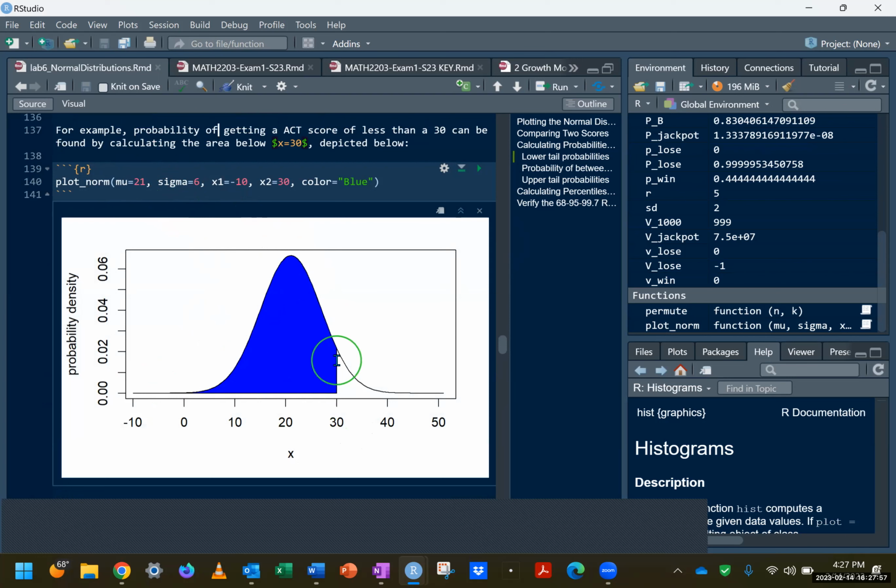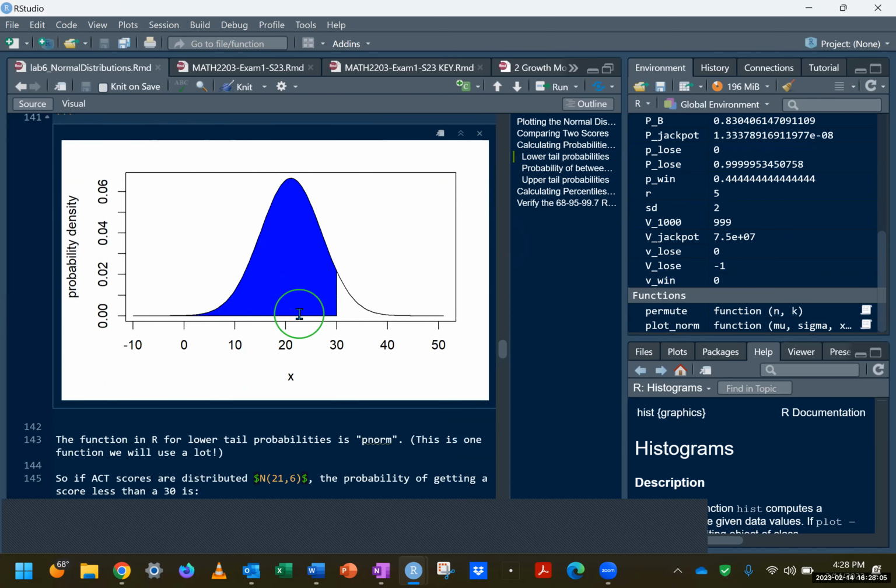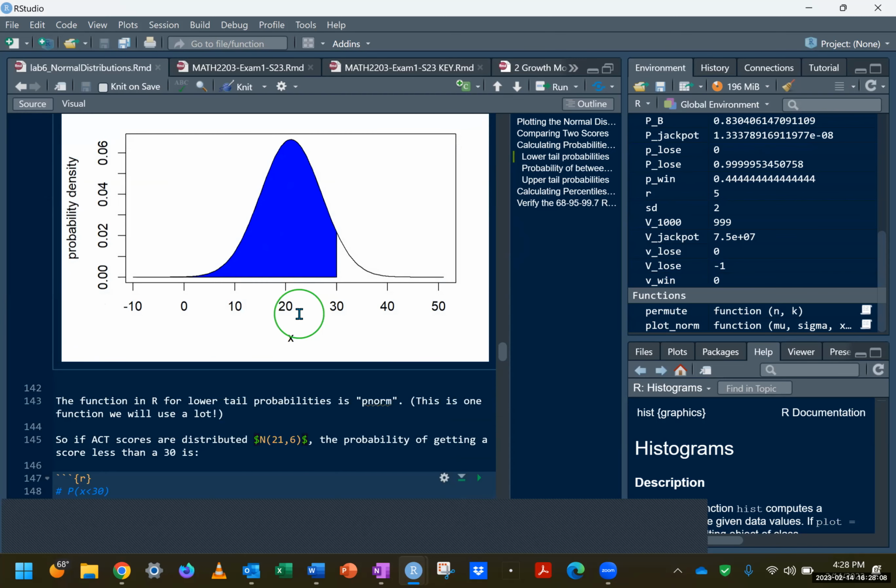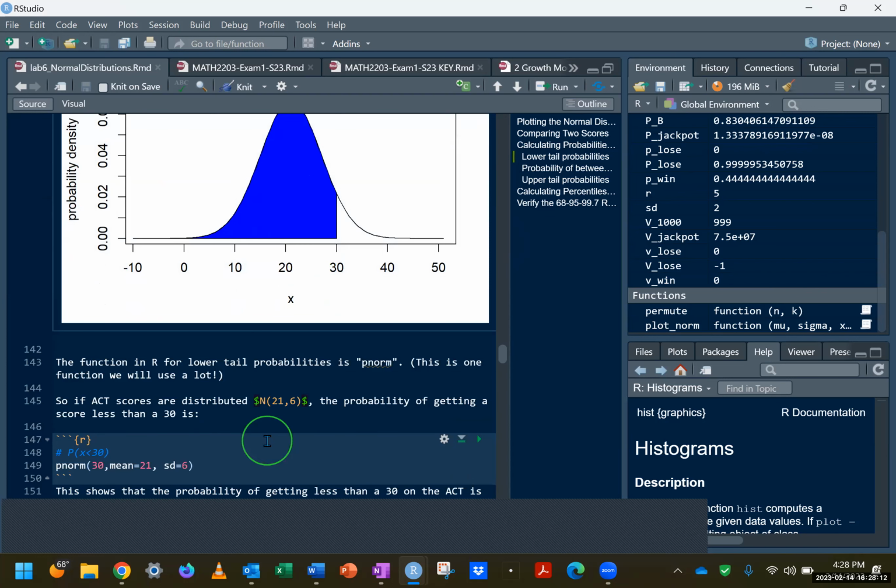So we want to find the probability of getting less than a 30, which corresponds to the shaded region. Just think, is that more or less than a half, based on what we've seen here? Since it's more than half the area, we should see we're going to get a pretty big number.